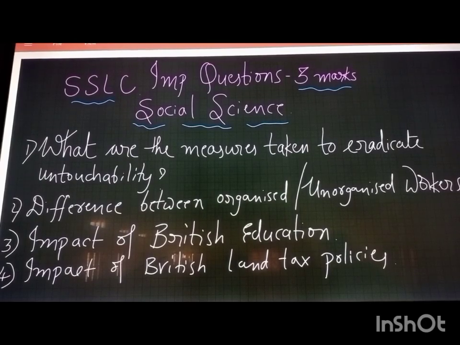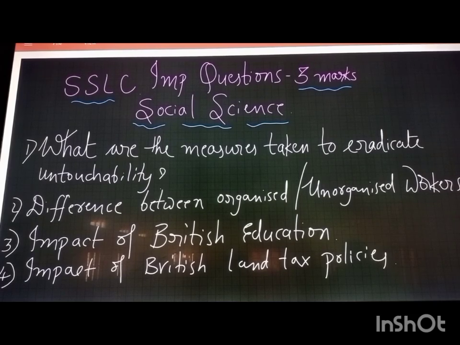So children, here you can see some important questions for 3 marks, subject social science. I have written a few questions on the board. The first question is, what are the measures taken to eradicate untouchability?